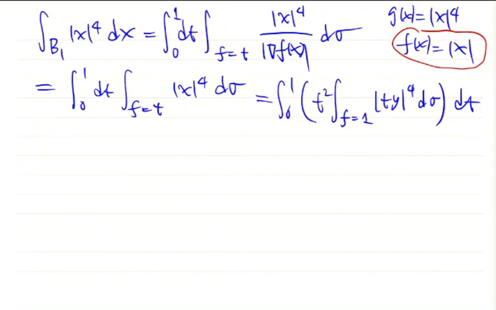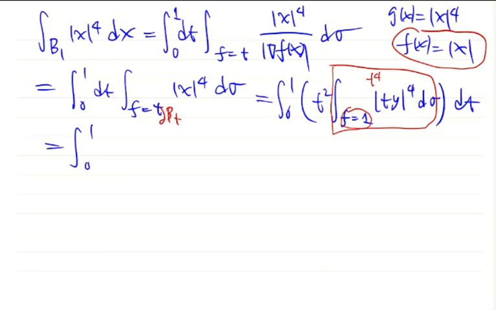So consider this integral. This is t to the power 4, because y lies in the unit sphere, because f equal to 1 is the unit sphere, the boundary of B_1.